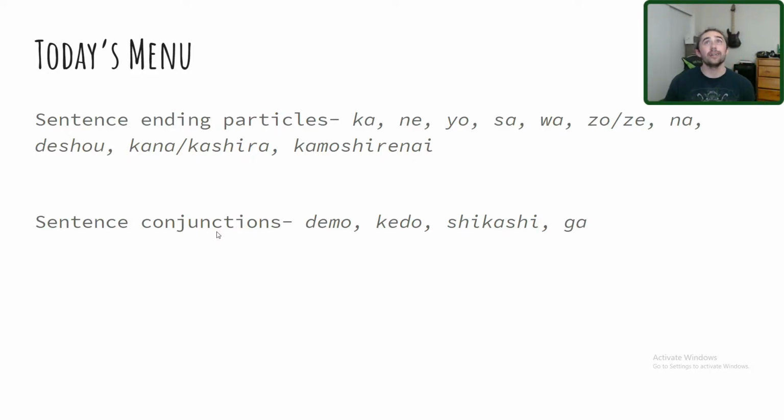These are different than before, when we did noun conjunctions, when you're listing nouns together. This time we're going to do sentence conjunctions for when you want to combine clauses, dependent and otherwise. So we've got demo, kedo, shikashi, and ga. Fun stuff.